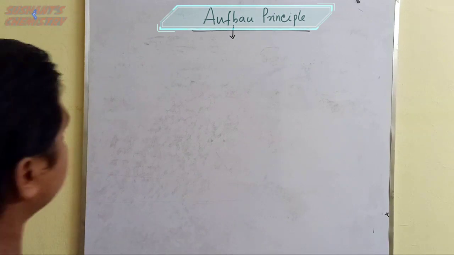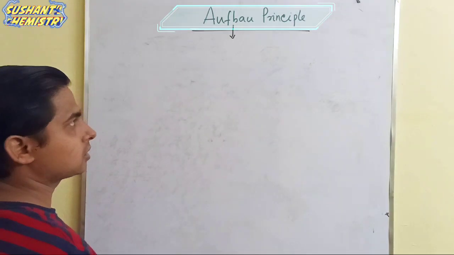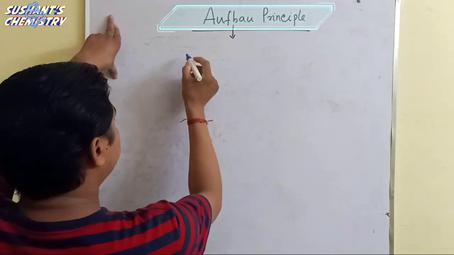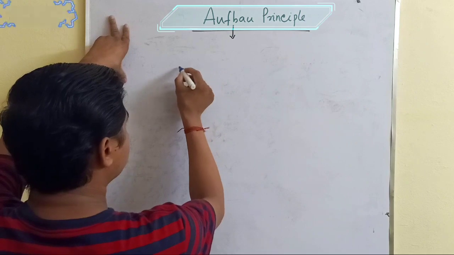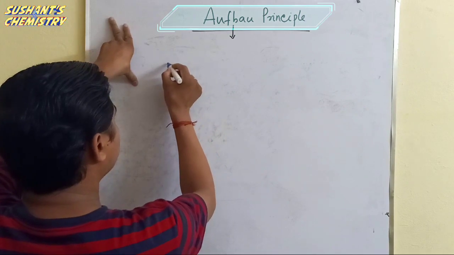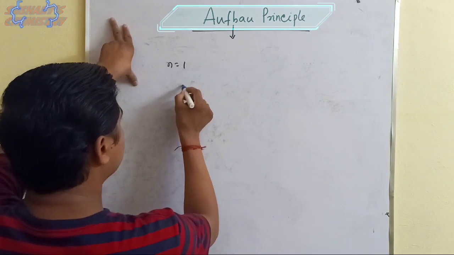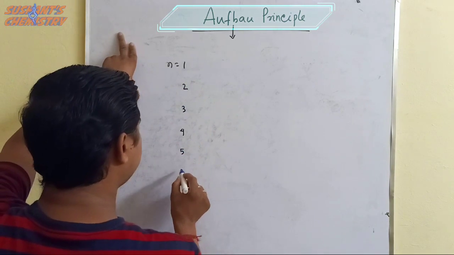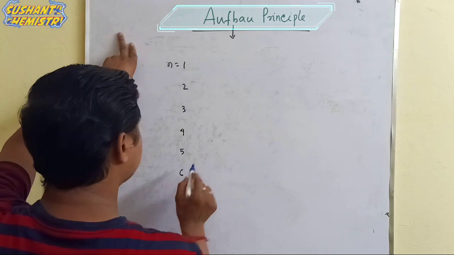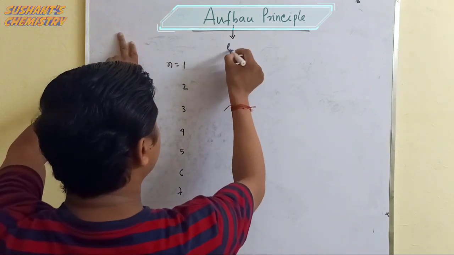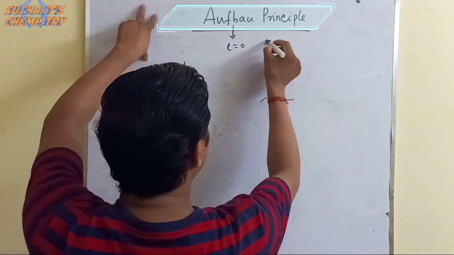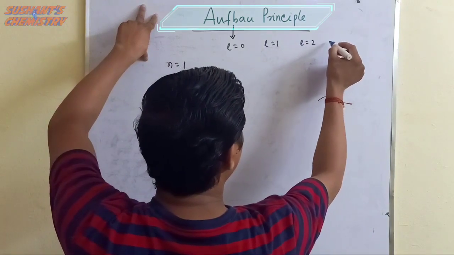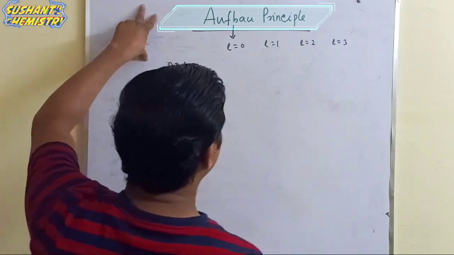The sequence in which the electrons fill in the various subshells is explained below by applying the n plus l rule. n equal to 1, 2, 3, 4, 5, 6, 7, and l equal to 0, 1, 2, 3.